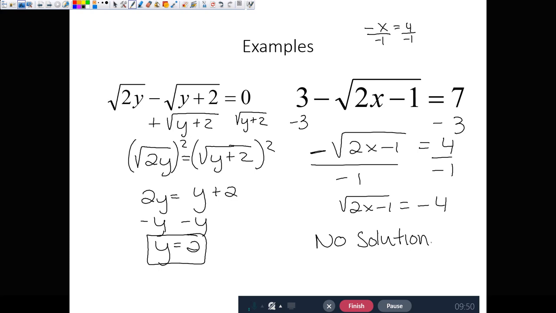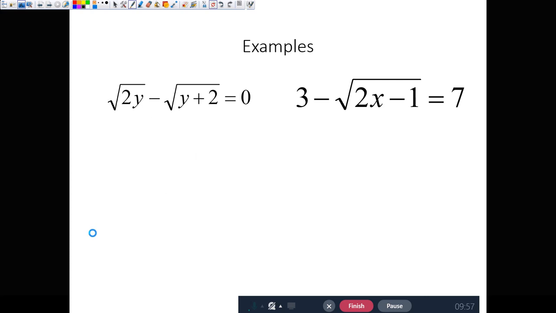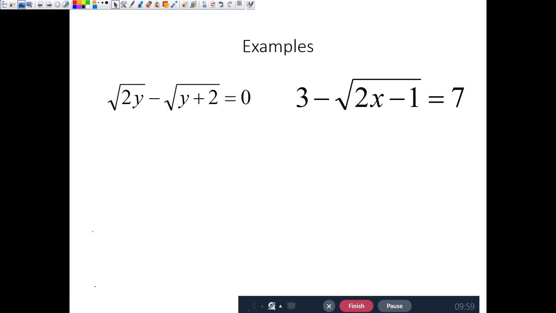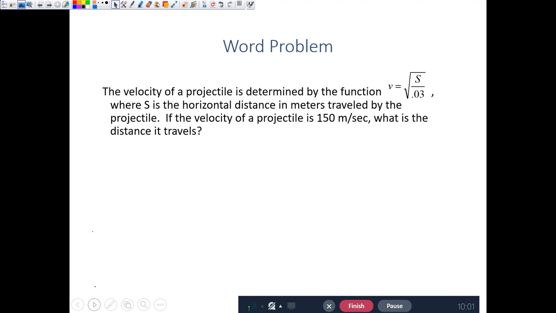Okay, so let's try this word problem. The velocity of a projectile is determined by the function v equals the square root of s over 0.03, where s is the horizontal distance in meters traveled by the projectile.